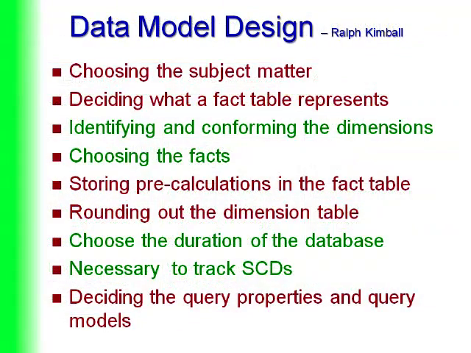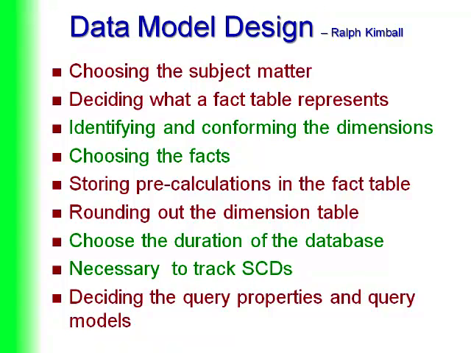We now discuss what are the different steps for designing a dimensional model. According to Ralph Kimball, there are 9 steps. According to Kimball, we can design a good dimensional model by following the steps shown on the slide. The first step is choose the subject matter, then decide what a fact table represents, then identify and confirm the dimensions, then finally choose the facts.